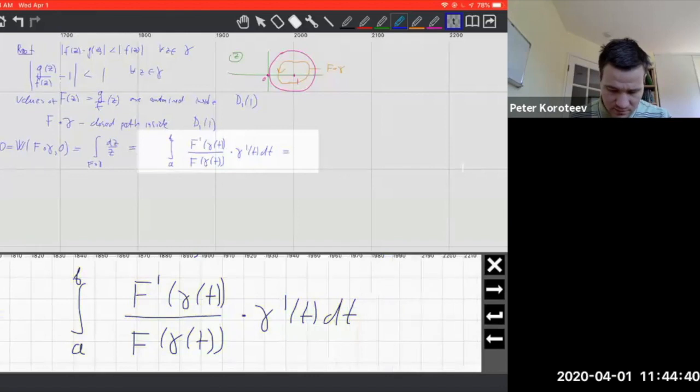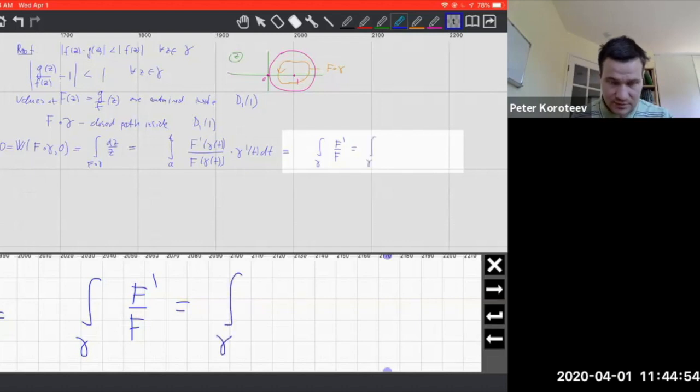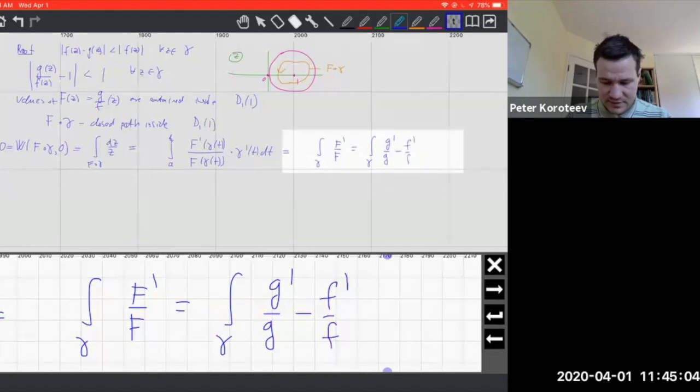And then it's the same as the integral over gamma of big F prime over big F. Because big F is g over little f, you can just calculate this derivative and you will get g prime over g minus f prime over f, because it's a simple calculation.